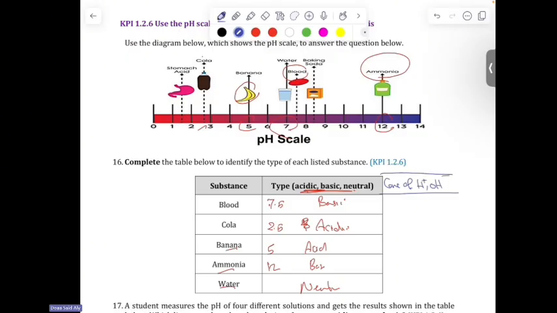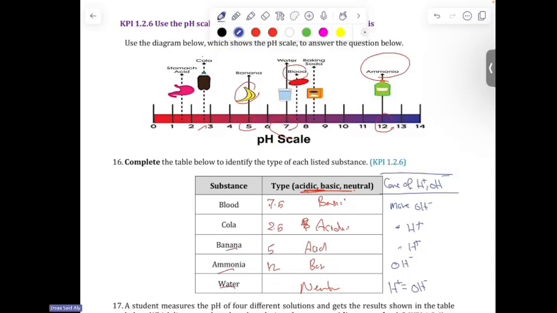So what about the blood? It has more hydroxide. Cola, more hydrogen. Banana, hydrogen ions. Ammonia, hydroxide ions. Water, hydrogen is equal to the hydroxide ions.